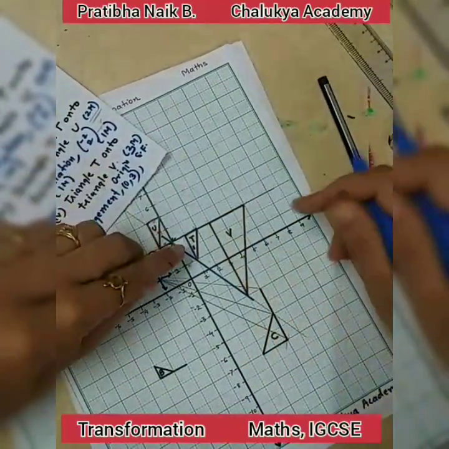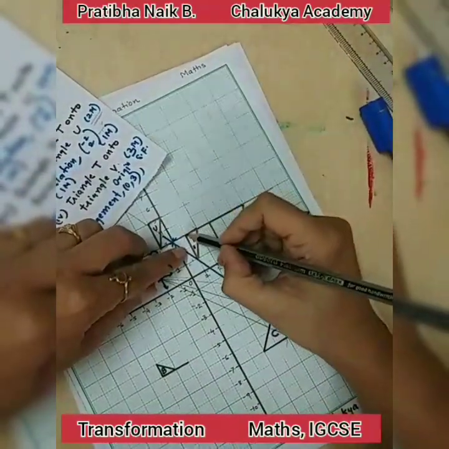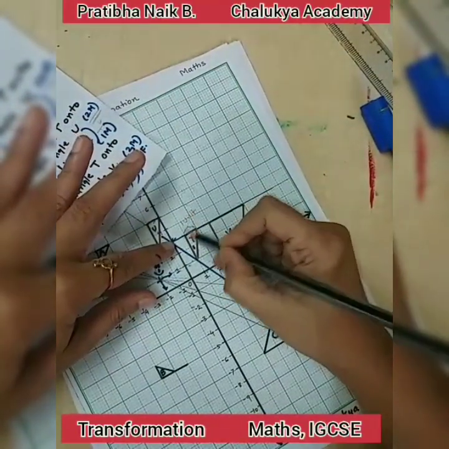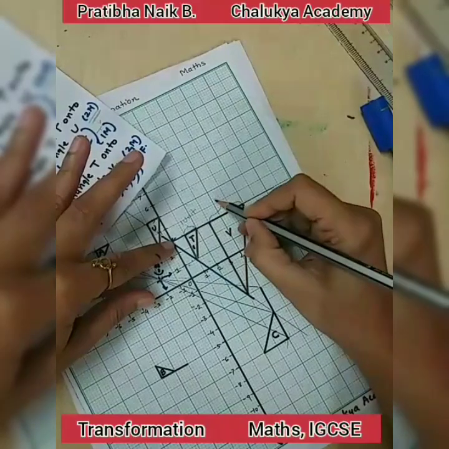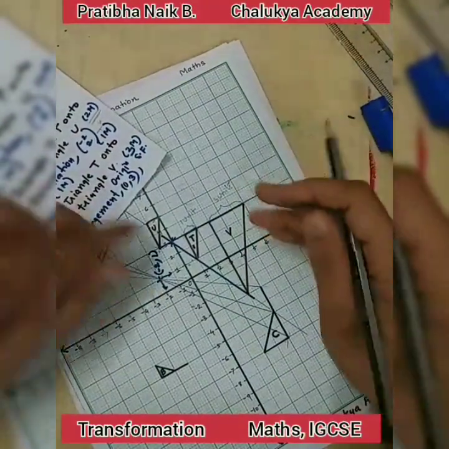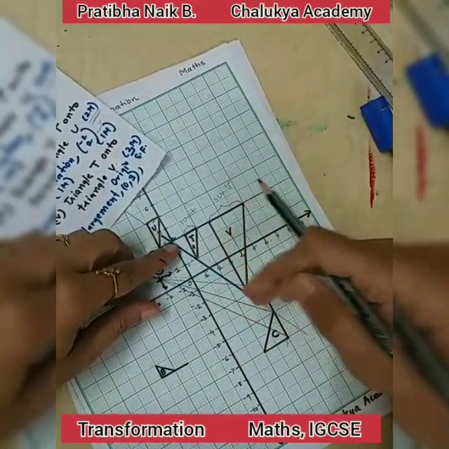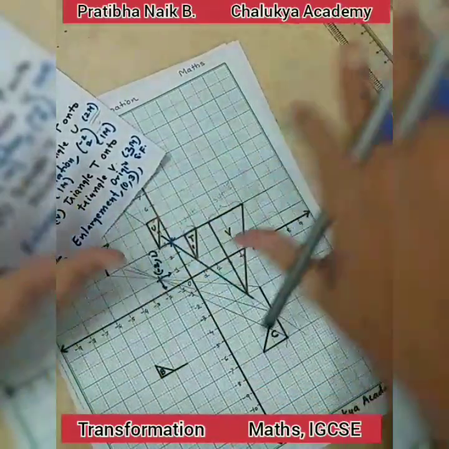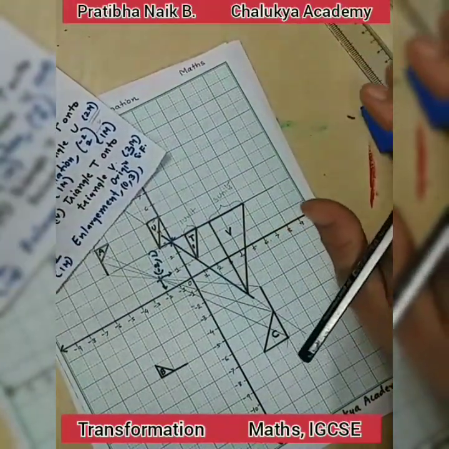Now the scale factor. You can take any one side of the triangle. This side is 1 unit and it becomes 3 units. So the scale factor is 3, and it is not going downward or upward, it is remaining the same direction, which means it will not be negative.